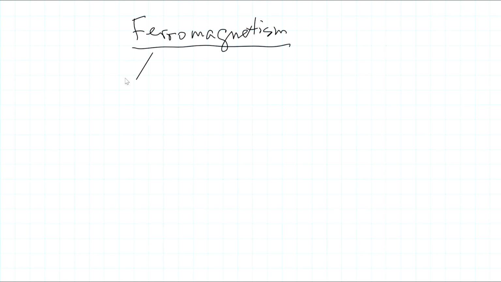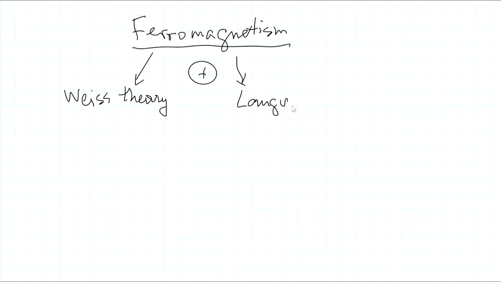So now, let's see. We studied ferromagnetism. In order to describe ferromagnetism, first of all, we use Weiss theory, and in addition to that, we can use Langevin's theory of localized moments.